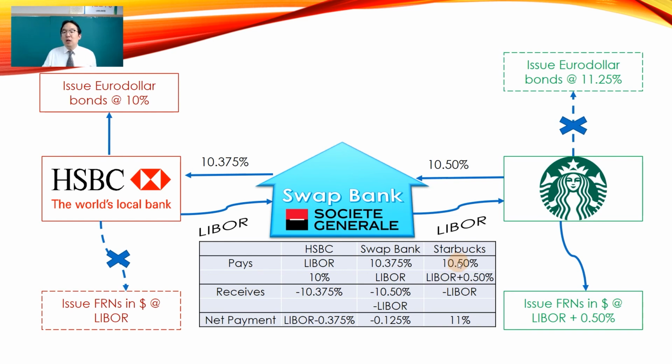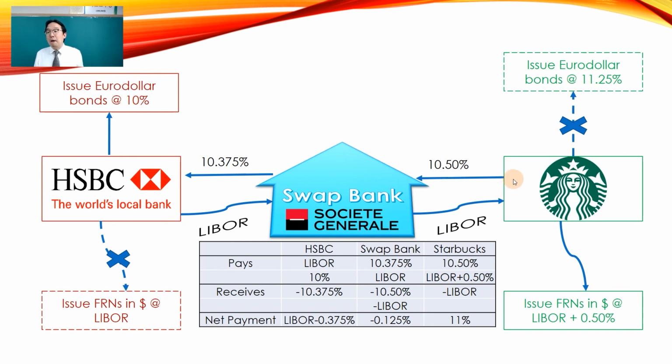Now, what about Starbucks? The swap bank goes to Starbucks and says, well, Mr. Starbucks, you pay me 10.5 percentage fixed interest instead of paying the 11.25 fixed interest in the euro-dollar bond market.